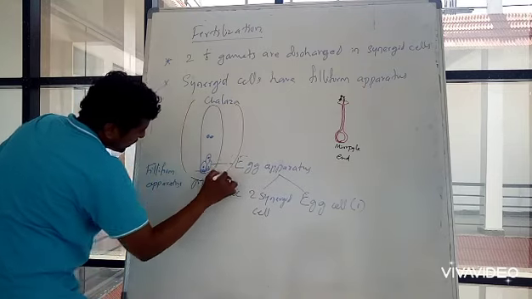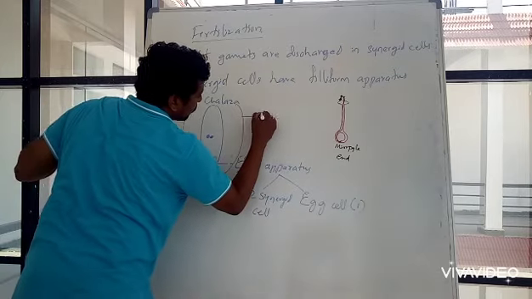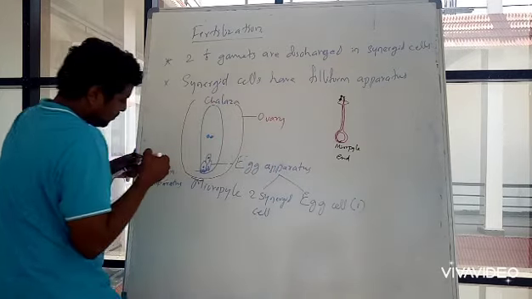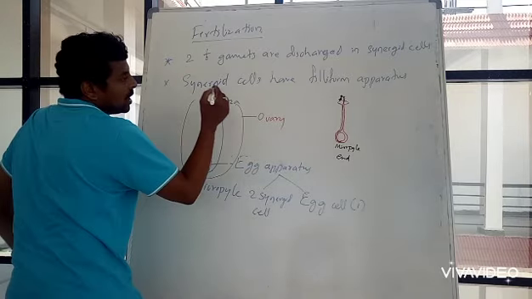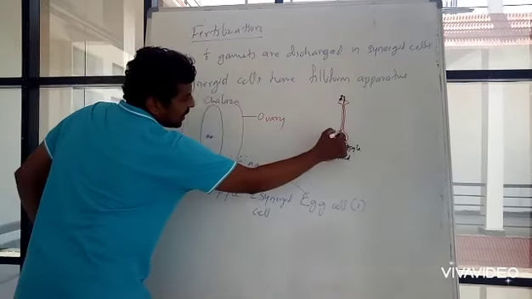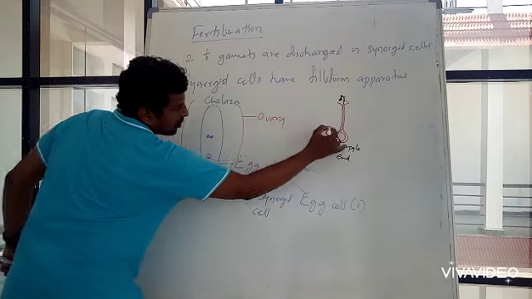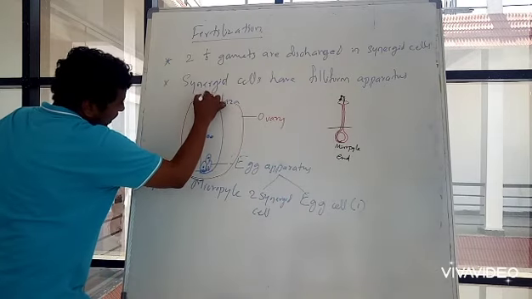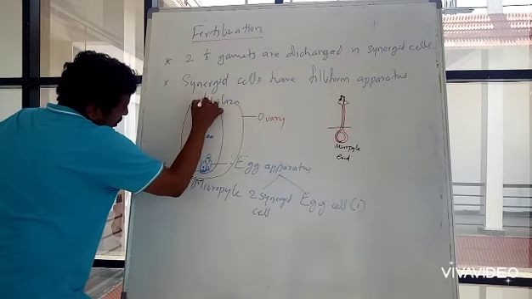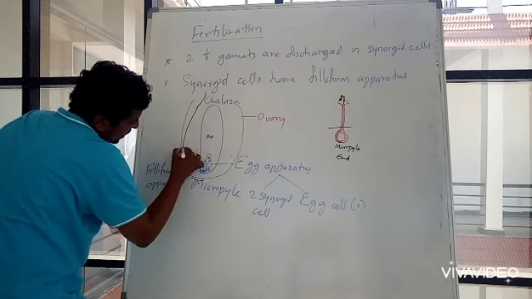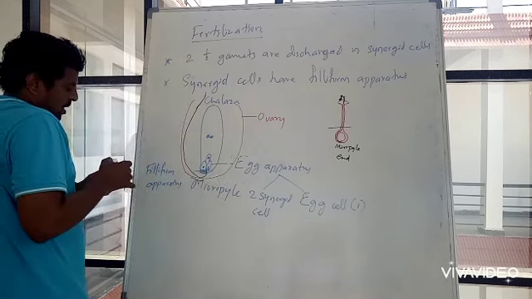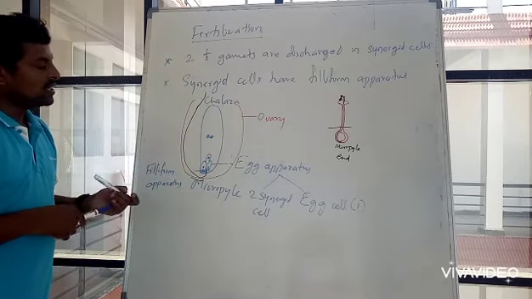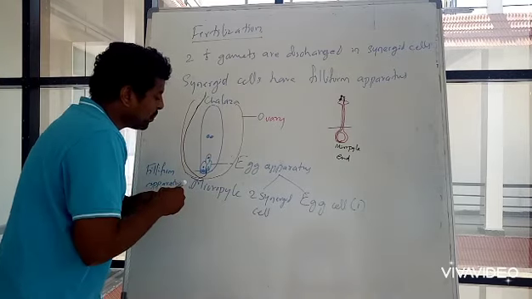The red color represents the structure of the ovary. The pollen tube enters the ovary here, and it enters through the micropyle end.